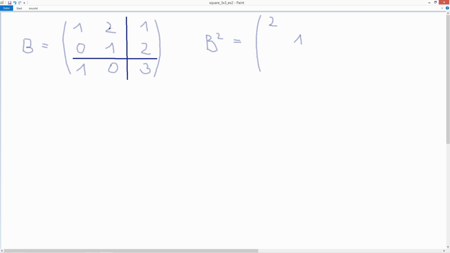For this entry here, we have to calculate 2 times 1 plus 1 is 4, plus 1 times 0 is 4. And for that entry here, we have to calculate 0 times 1 plus 1 is 0, plus 2 times 1 is 2.